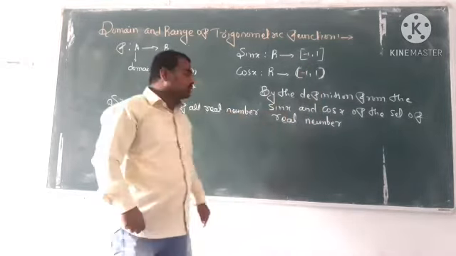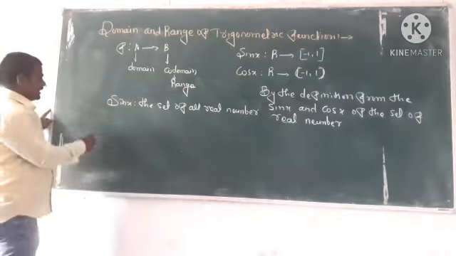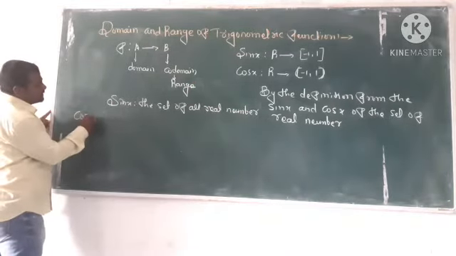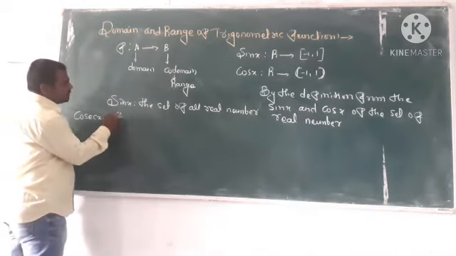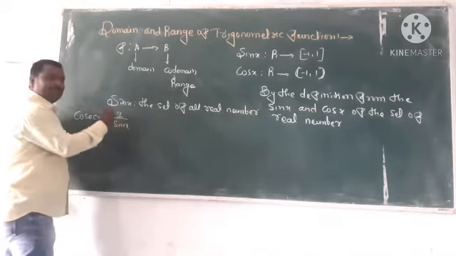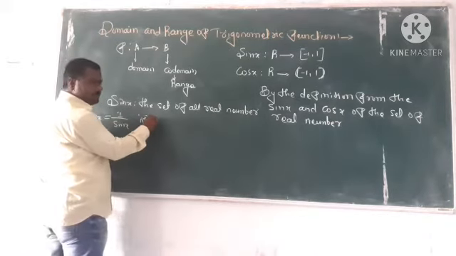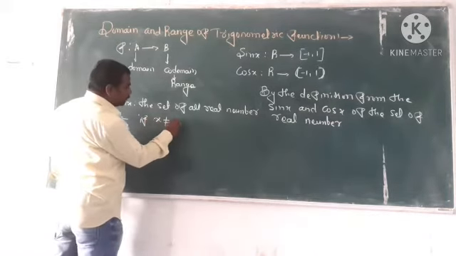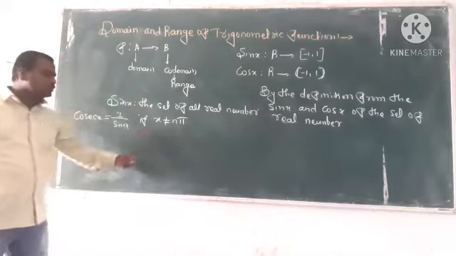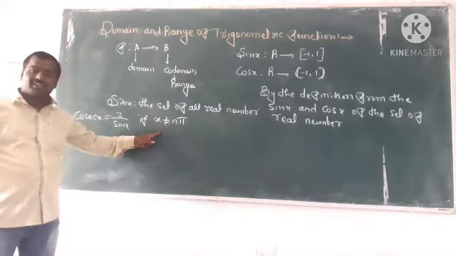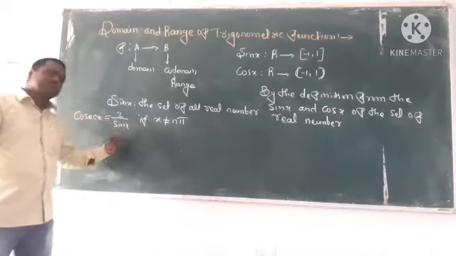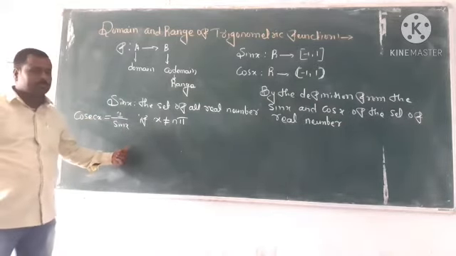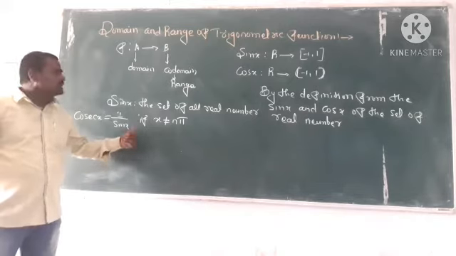What about the other function? That is cosec x. In cosec x, we express for sin x, if x is not equal to n pi. Why are we not taking this? Because x equal to n pi means sin is 0, and it does not exist, as the value is infinity.